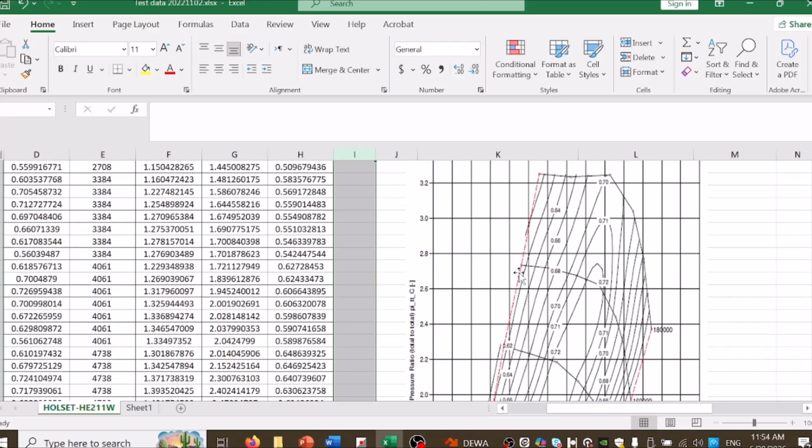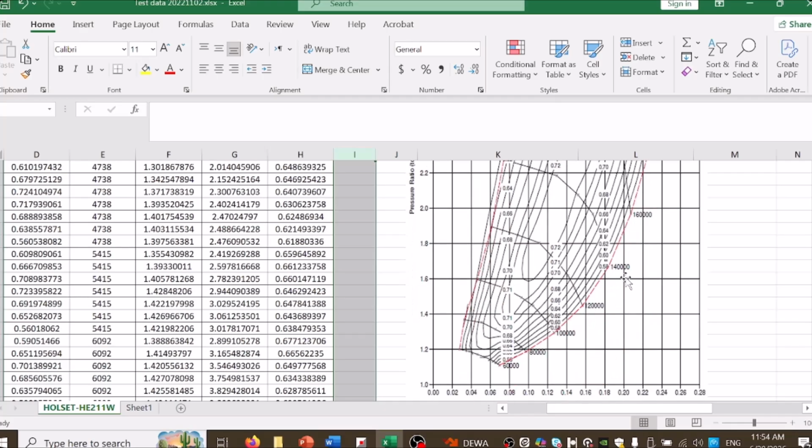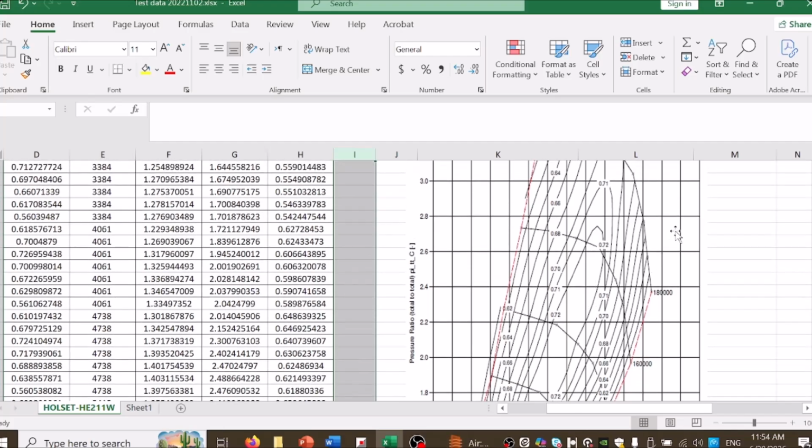Left side: low airflow, higher pressure relative to flow, near surge, usually undesirable. Middle area: best efficiency, stable operation, preferred region. Right side: higher flow, approaching choke, efficiency can drop. And top right area: high pressure, higher flow, near a speed limit and choke, potentially stressful for the turbo.